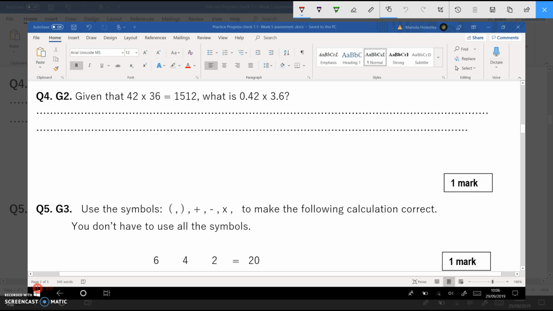we can see what happens when you change one of the two factors, what happens to the total or the product.